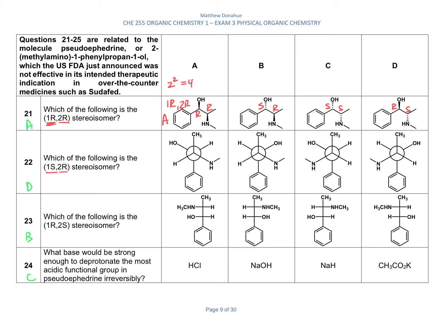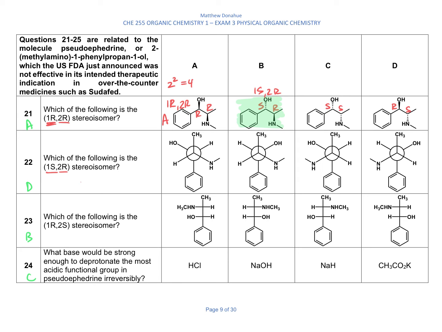This one here is 1S, 2R. So we need to find this one as the Newman projection. And what it looks like is that in all of these, we're looking down carbon 2 to carbon 1.